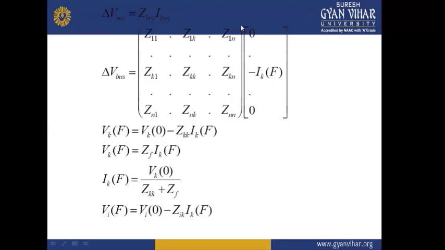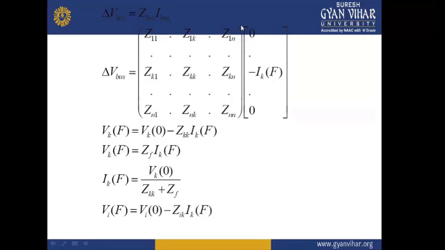If you have n number of buses, then the Z bus will be n cross n, and Z11, ZKK, ZNN are your self impedances, and Z1K, Z1N, ZK1, ZKN, ZN1 and ZNK are your off diagonal elements, also called mutual impedances.